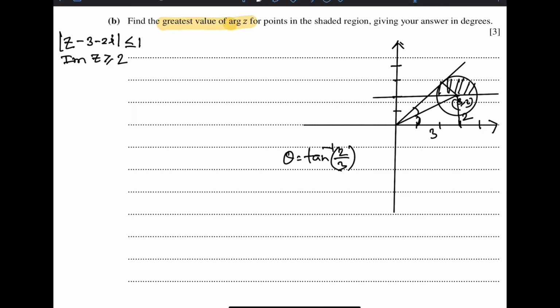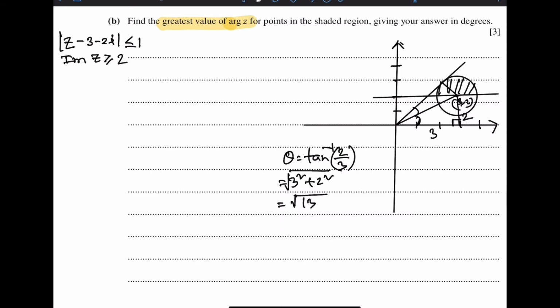If we use Pythagoras, we can find the length of this side, the hypotenuse, the longest side of this triangle. So it will be root over 9 plus 4, that is root 13.